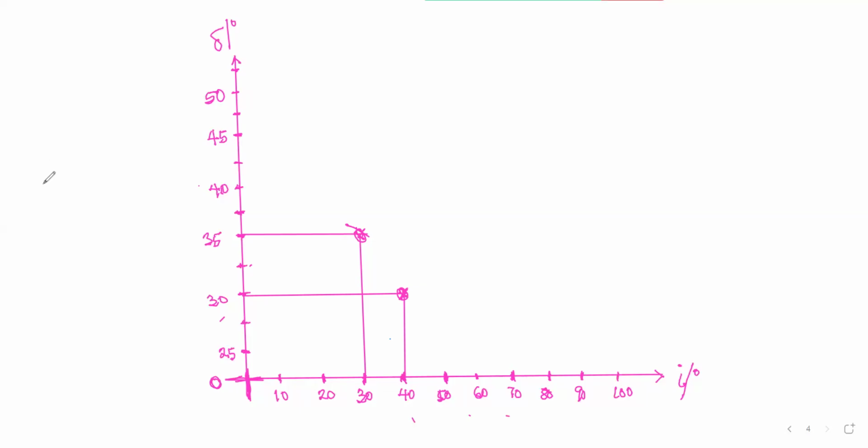Let's pick the same thing. Angle of incidence 50.